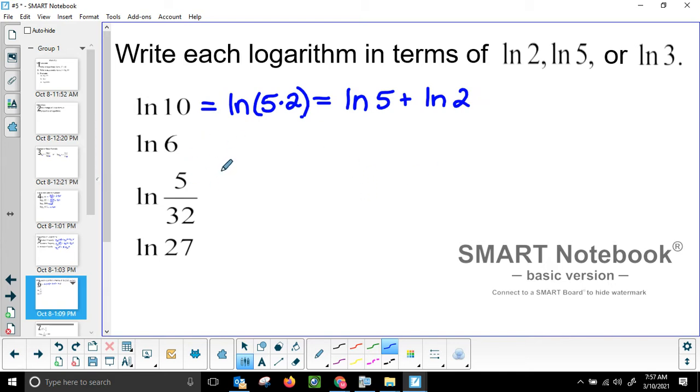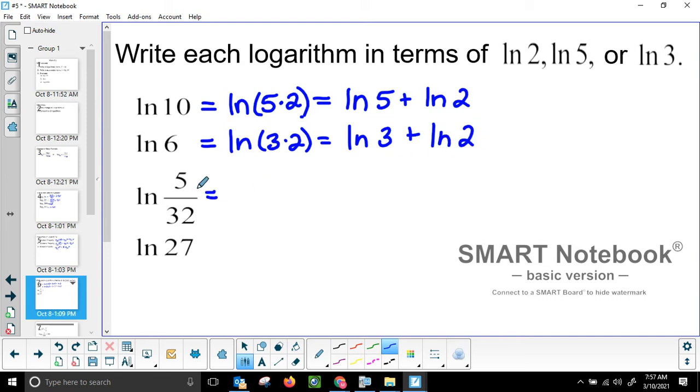You may want to pause it here, try these out on your own, and then hit play to see if you worked them out correctly. This one is very easy, works just like the first one, except now we have 3 times 2, so ln of 3 plus ln of 2.